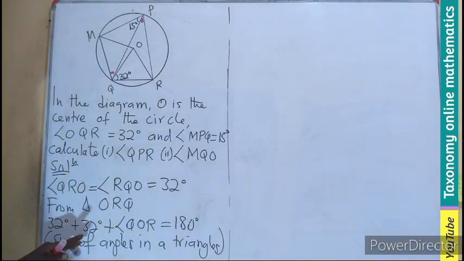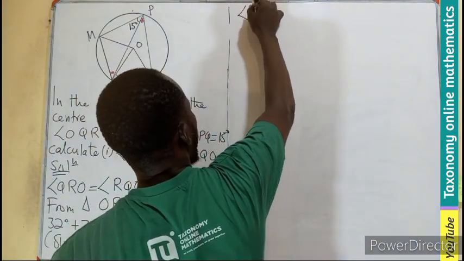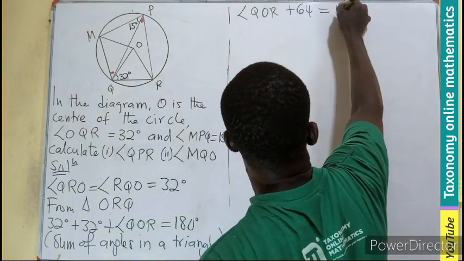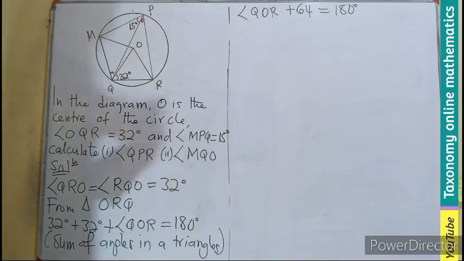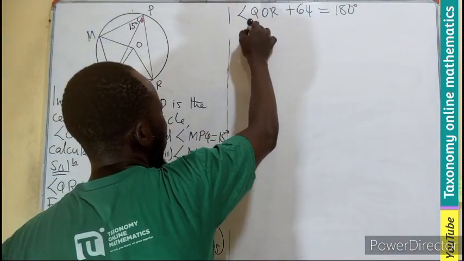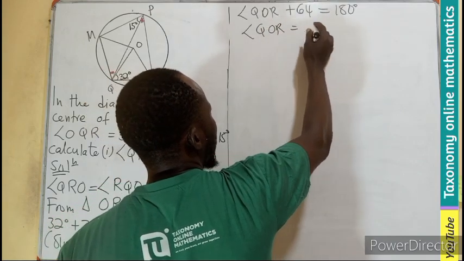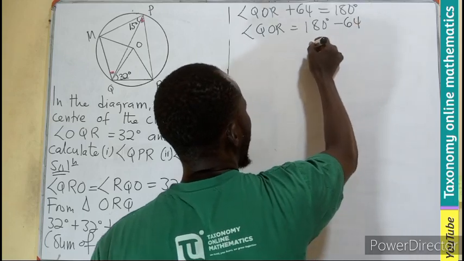So don't forget, this will be 64. So I'll be having the angle QOR plus 64 will give us 180. We are only adding these two. And maintaining the angle QOR, we can have 180 minus 64.